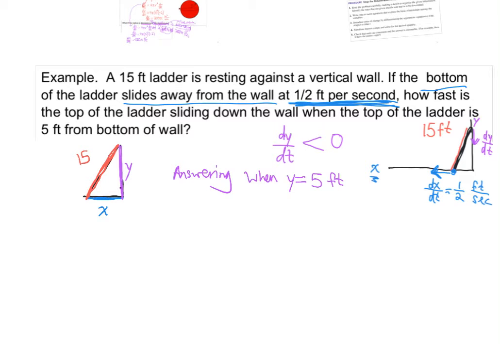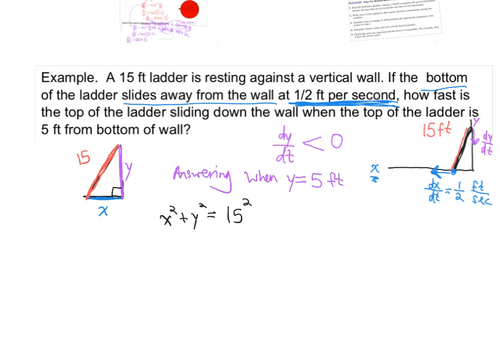Okay, again, it's a right triangle because the wall meets the floor at a right angle. A good equation that we could use then is x squared plus y squared equals 15 squared. That's the Pythagorean theorem, also known as the Gödel theorem, if you watch Mind Your Decisions on YouTube.